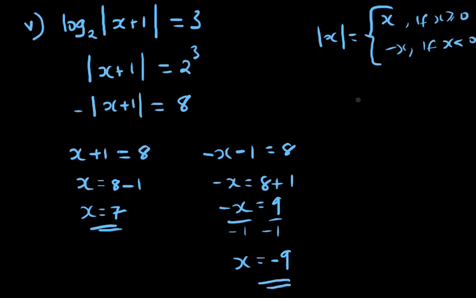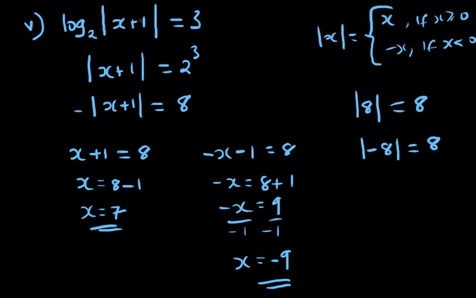So what modulus entails is that when, say, you have modulus of 8 is equal to 8, modulus of negative 8 is equal to 8. So that's what the modulus does. So if we want, we can even prove our answers.